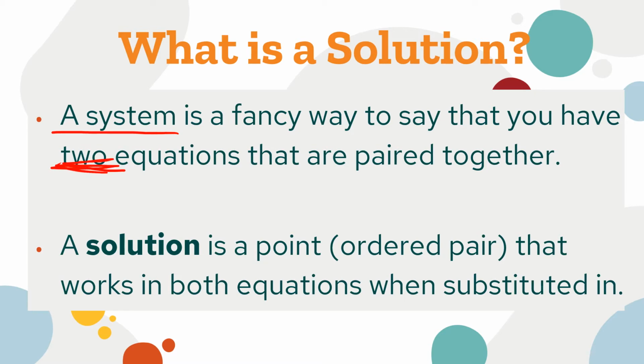And then today, we're going to really explore a solution, which is going to be a point on the graph, an ordered pair. And what that means is it works for both equations. So 2 lines, 1 solution. There's one perfect set of numbers that works for both.